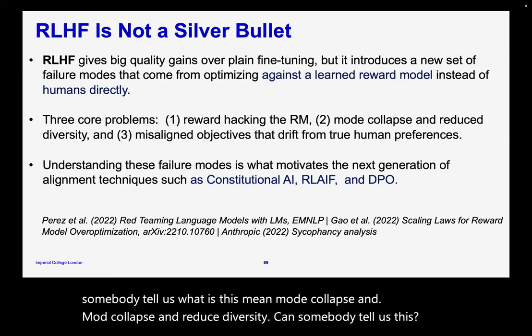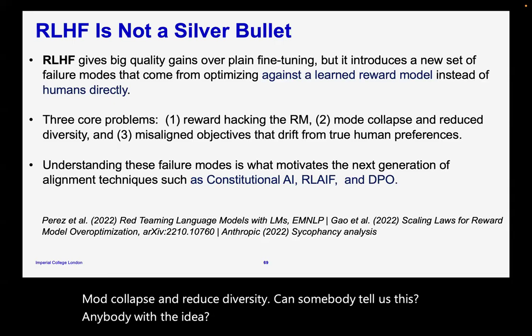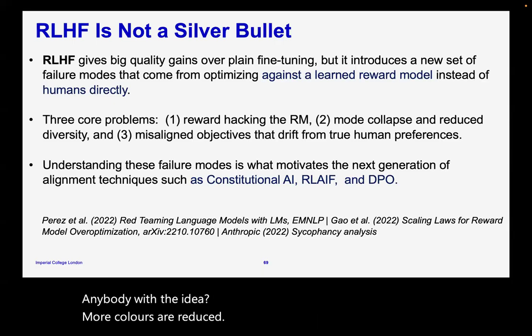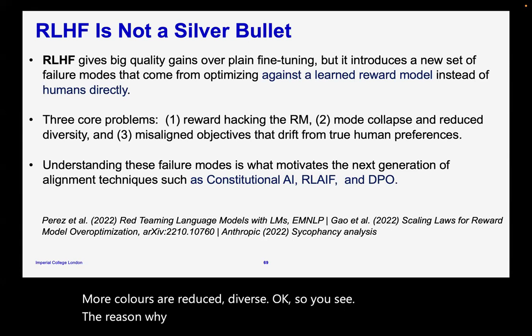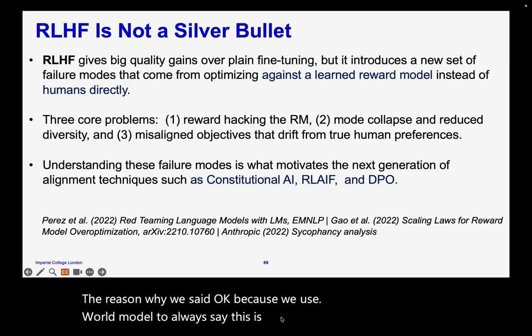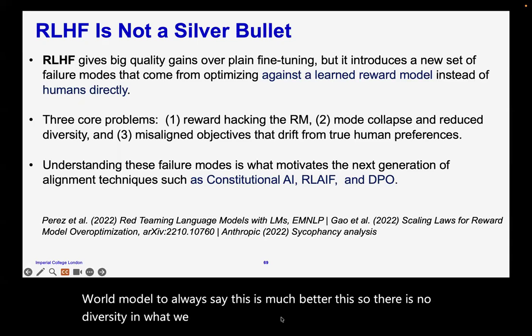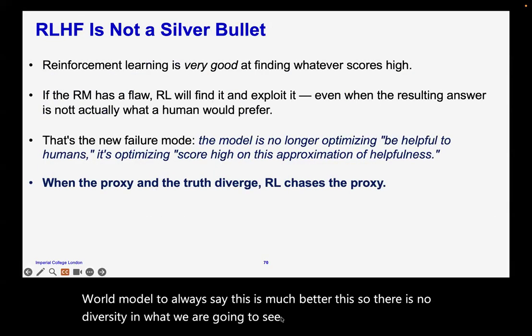Anybody with an idea? Okay, the reason is that we use the RLHF reward model to always say this is much better, so there is no diversity in what we are going to see. This may lead to a lot of issues.